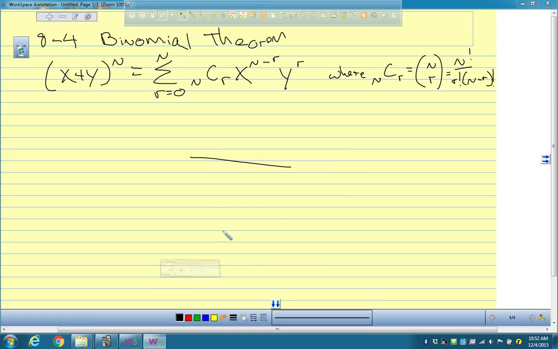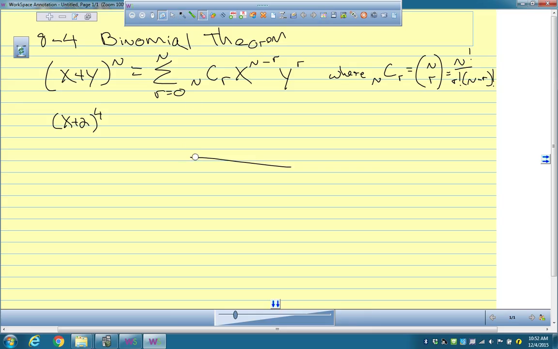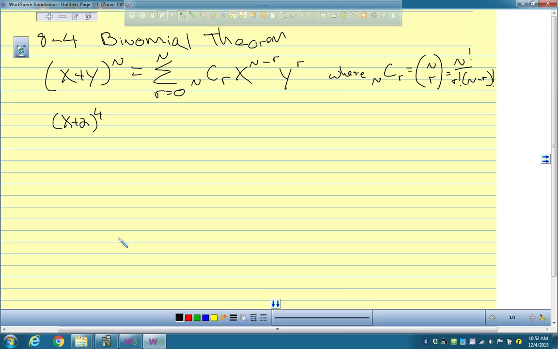So this is the binomial theorem. Basically, if you have an expression like (x + 2) to the 4th, instead of multiplying x plus 2 times x plus 2 times x plus 2 times x plus 2, you could use the binomial theorem to expand that, or to find any term in that expansion, which is nice, because if you want the third term, all you have to do is plug into the binomial theorem.